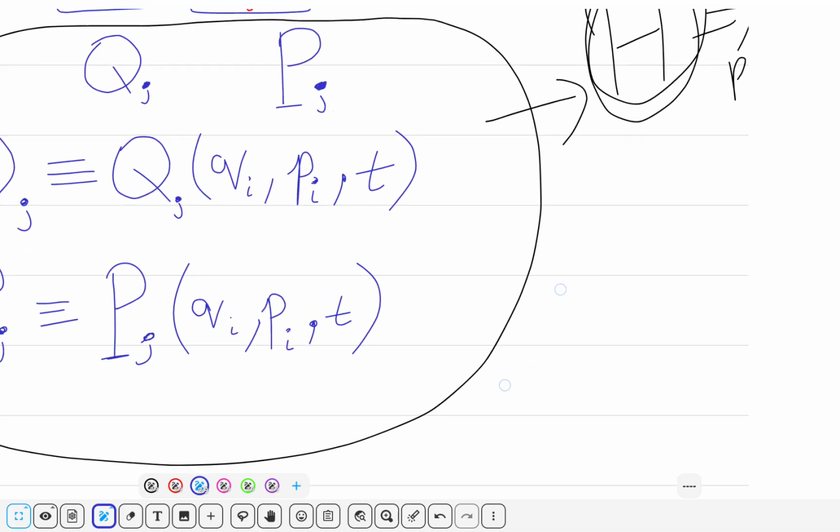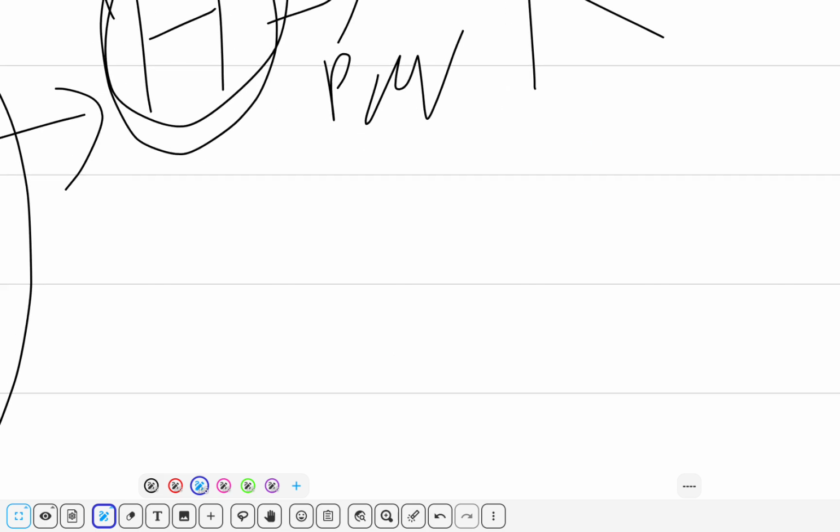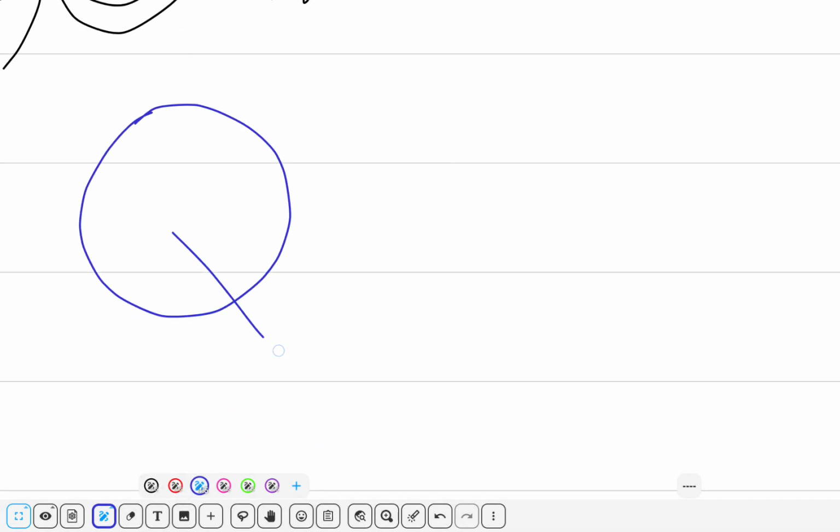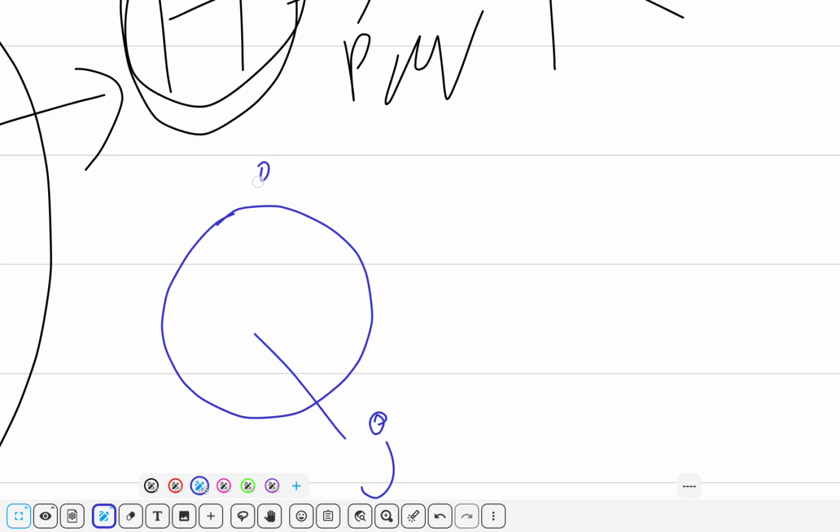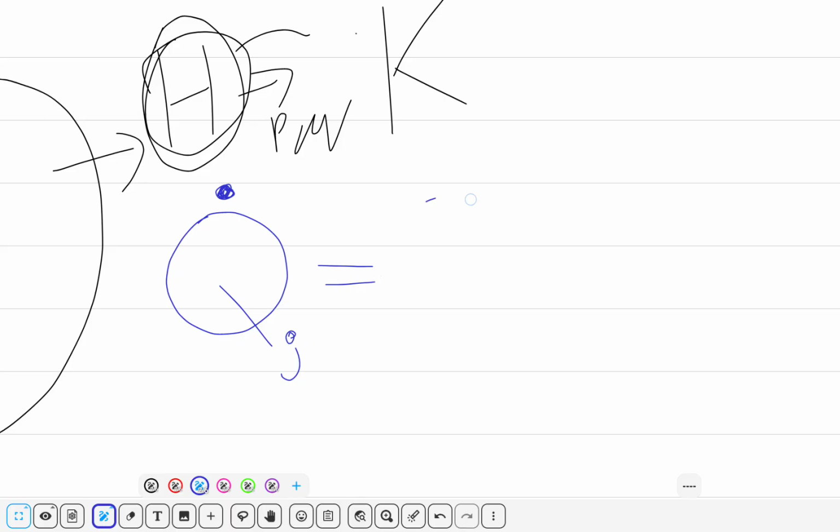So yeah, let us do that, such that my new capital Q, I hope I can write it now. This new capital Q, its rate of change can be written like this.